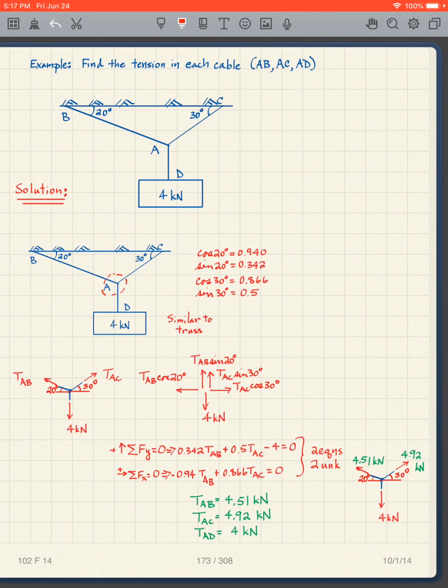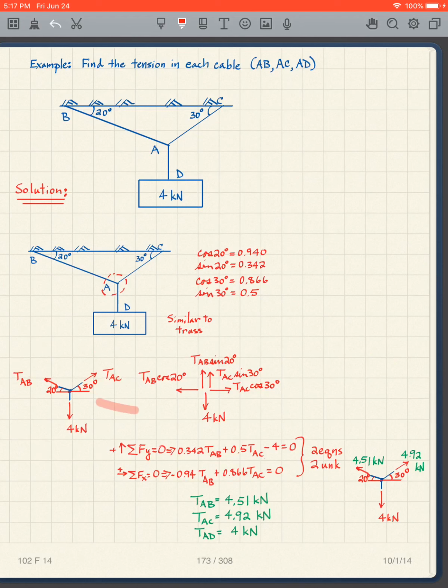I have the 4 kilonewtons going down, and then I have my TAC going upward to the right. I have TAB going upward to the left, and I'm now going to work with this free body diagram.